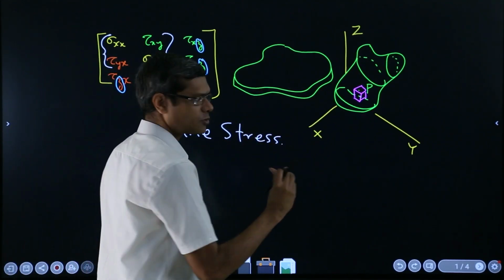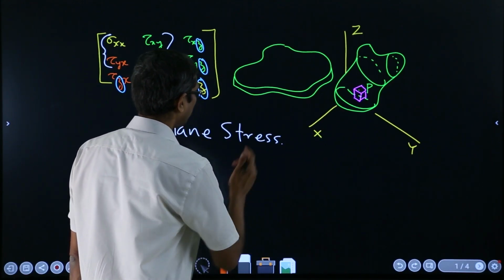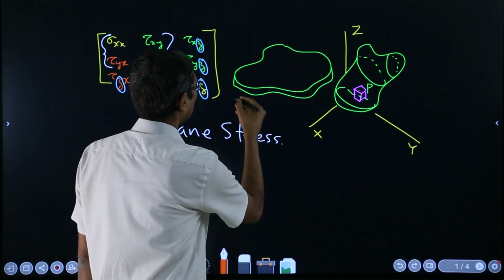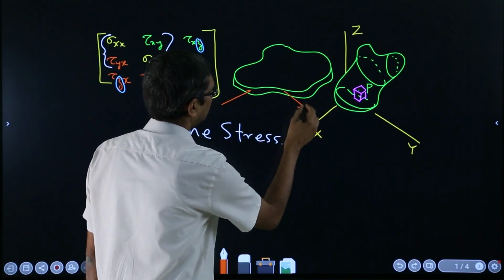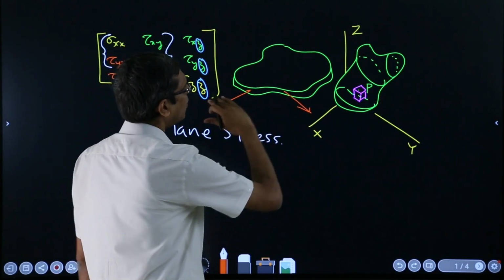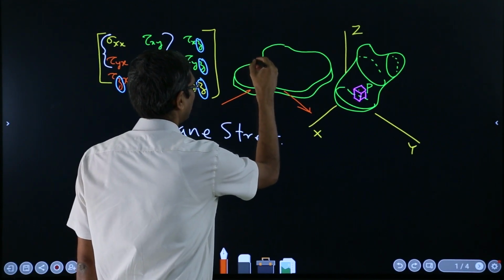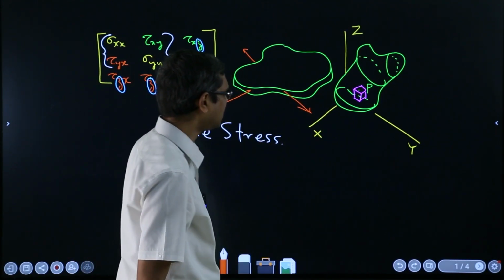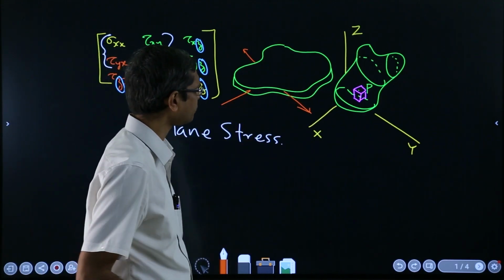This thickness is very small, and all the forces which are acting on the body act parallel to that, or perpendicular to this thickness, you can say, or in the plane of this body. So, suppose like that. And they are uniform across these things.